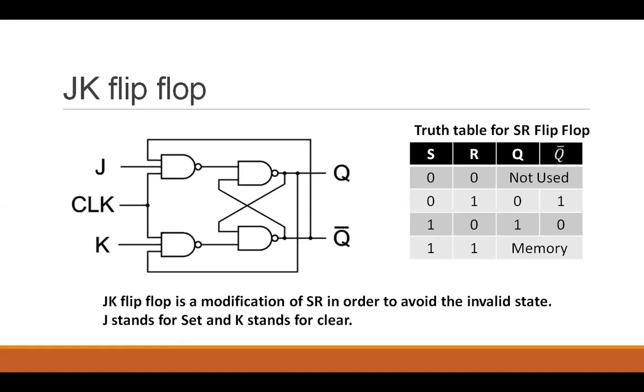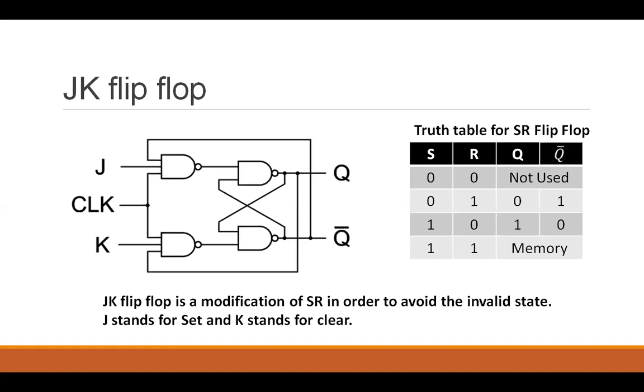Why did we actually need the JK flip-flop? Because there was an invalid state in the SR flip-flop. When we evaluated the RS flip-flop, we discovered that 1 1 was an invalid state. And when we evaluate the SR flip-flop, we discover that 0 0 is an invalid state.